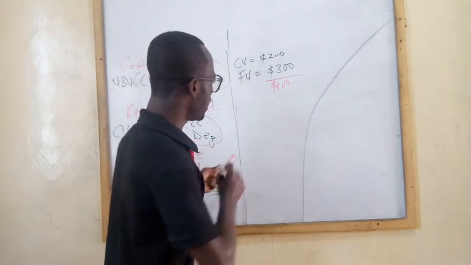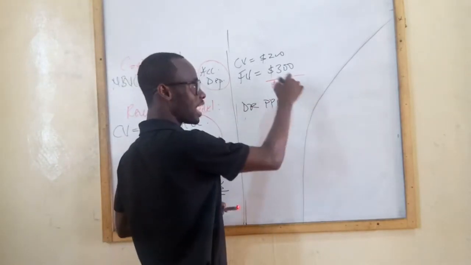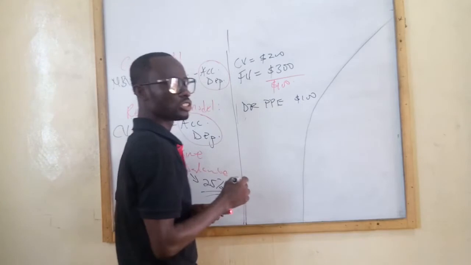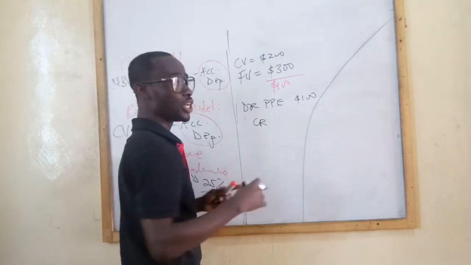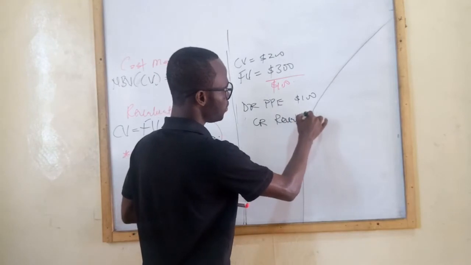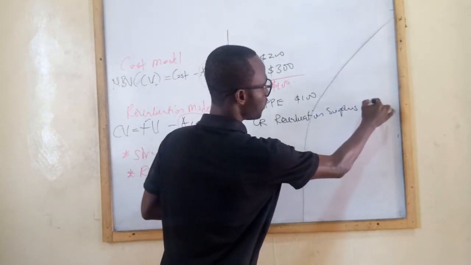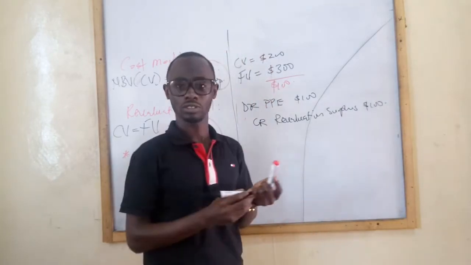The double entry is that we're going to be debiting property, plant, and equipment with that extra $100, but the credit entry usually is going to go through what we call the revaluation surplus or the revaluation reserve account.